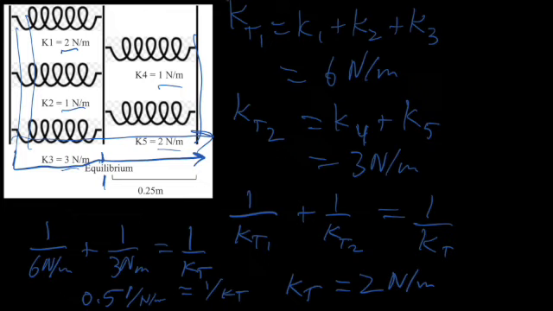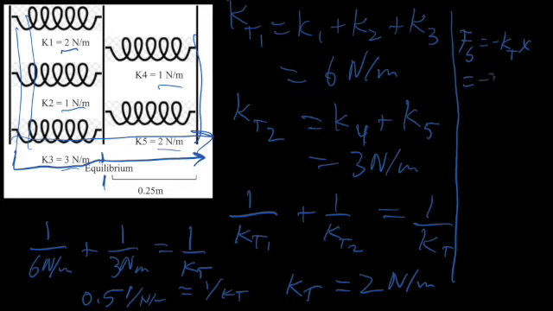And so what we can do now is plug it back into the equation for Hooke's law. We can say that the force of the spring equals negative k total times the displacement, and so that equals negative 2 Newtons per meter times 0.25 meters. Notice that the meters in the denominator of the spring constant cancel out with the meters of the displacement from the equilibrium position.